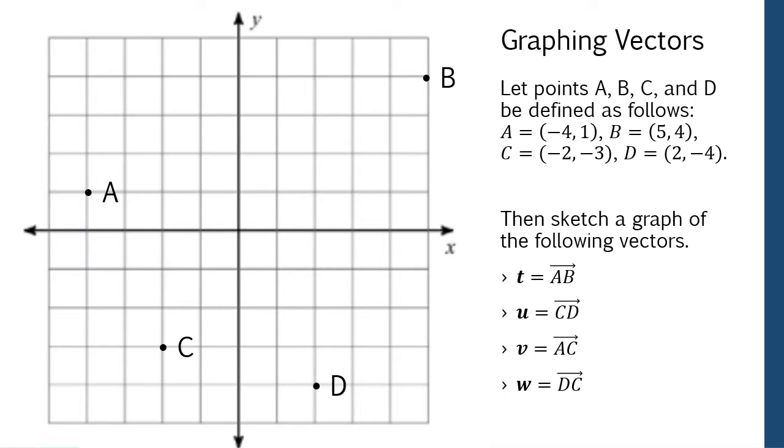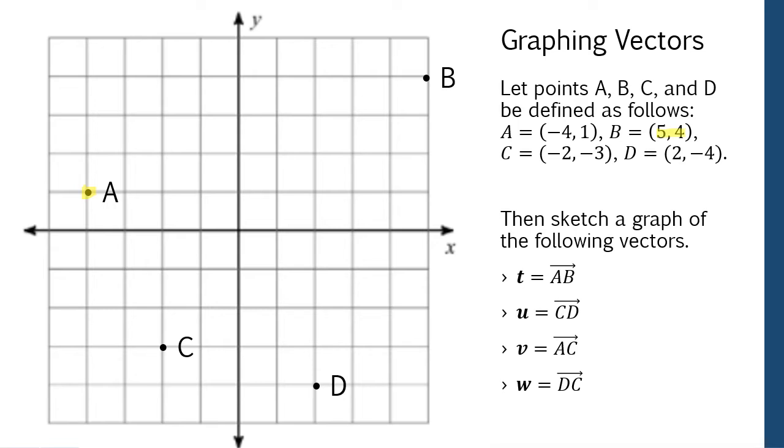So the easiest way to graph or represent a vector is in terms of its initial and terminal points. So we're letting points A, B, C, and D be defined as follows. Point A is (-4, 1). So to the left 4, up 1, and that's already labeled for you right there. Point B is (5, 4).